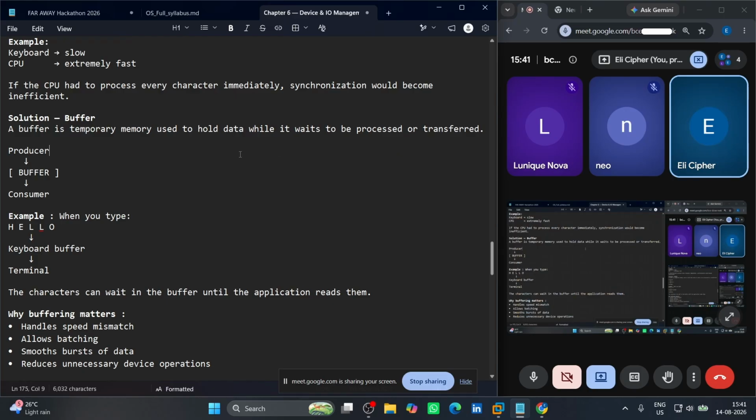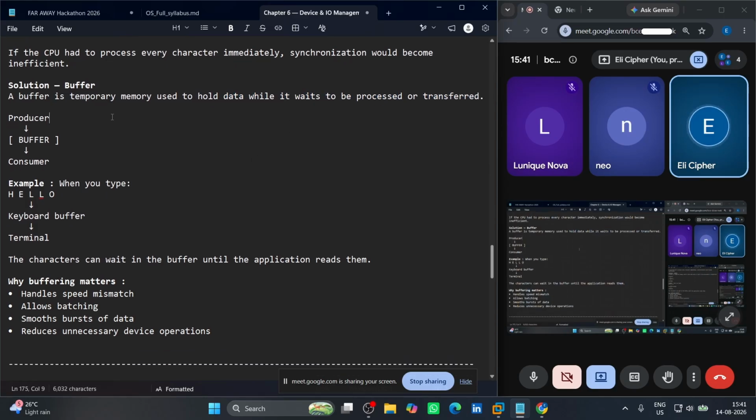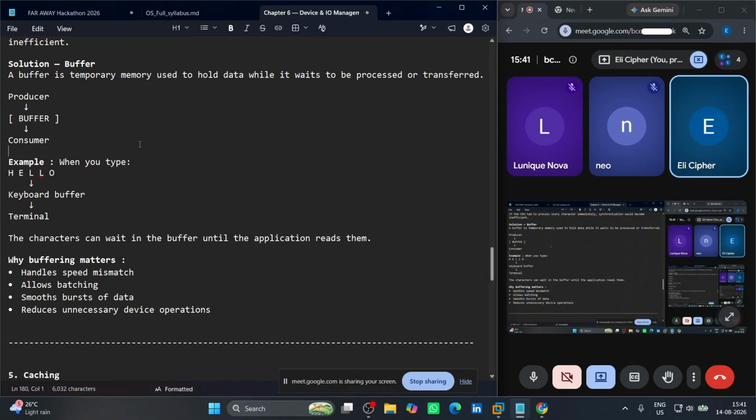So the data will flow from the producer and it will be buffered inside the system or the OS, and then it will move to the consumer when its turn comes to be processed.